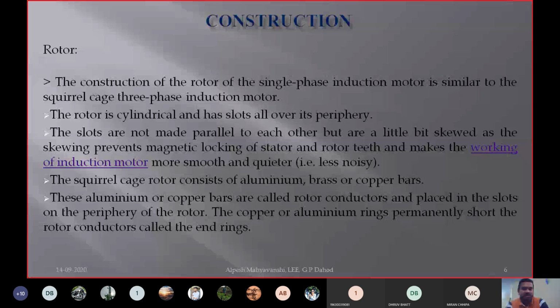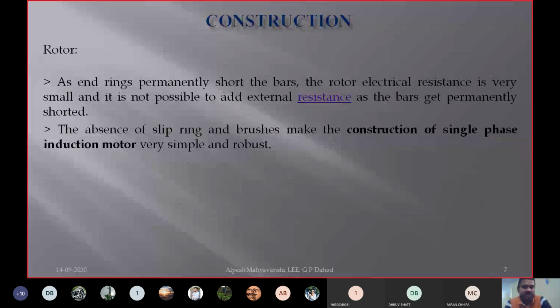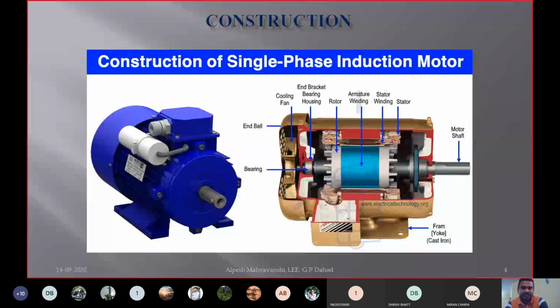As the end rings permanently short the bars, the rotor electrical resistance is very small, and it is not possible to add an external resistance. As we can see here, these rotor bars are short circuited permanently by this copper ring.